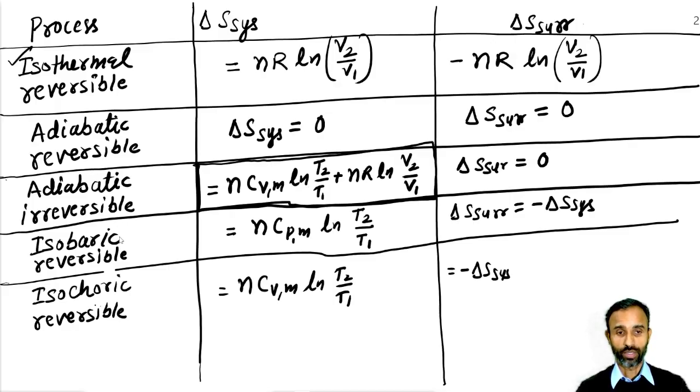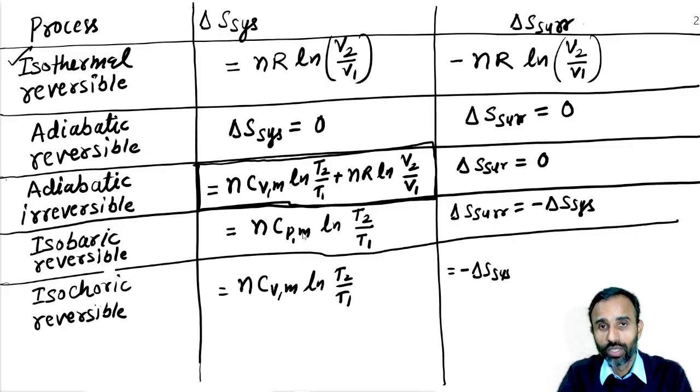And in case of isobaric, pressure is constant, so this part becomes 0. So it is n Cp,m natural log of T2 by T1. Cp,m is the molar heat capacity, and n is the number of moles. So when we multiply by the number of moles, that becomes the total value of Cp.